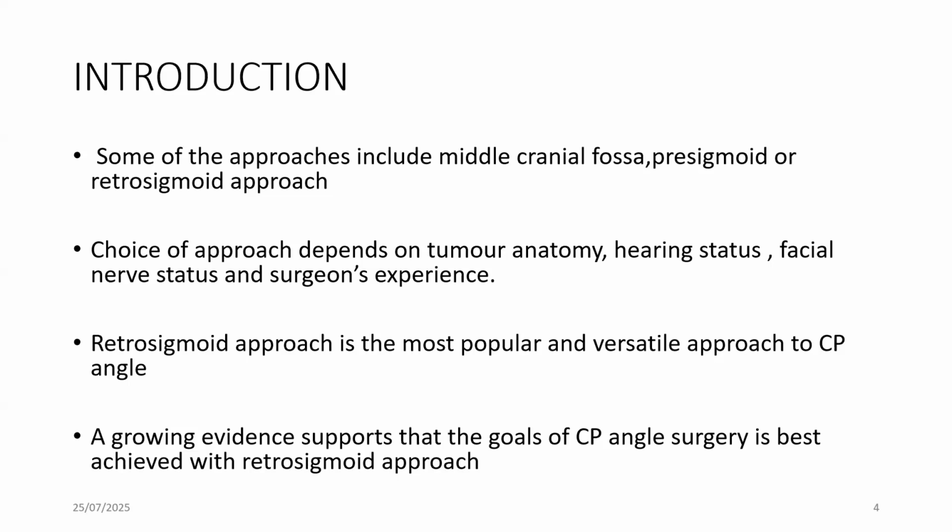Some of the approaches used to resect tumors in this region include the middle cranial fossa, pre-sigmoid, or retrosigmoid approach. With the middle cranial fossa and pre-sigmoid approaches, one has to drill the petrous bone that is in the trajectory of the CP angle before one can achieve this. While for the retrosigmoid approach, one doesn't have to drill bone until one gains access into the CP angle.